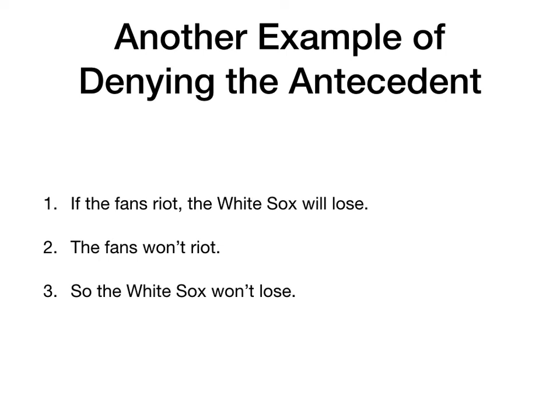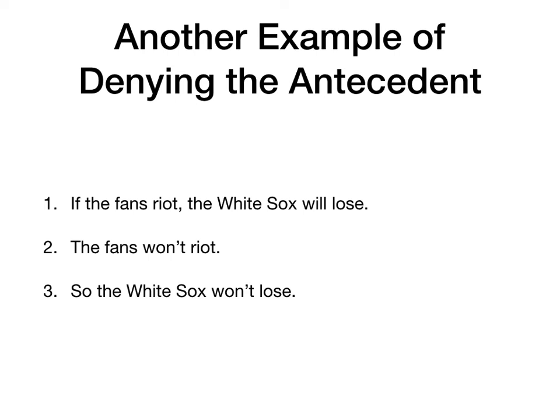Anyway, back to my point. If the fans riot, the White Sox will in fact lose. The fans won't riot. But just from the fact that the fans don't riot doesn't mean you're going to win the baseball game, right? There's plenty of ways to lose a baseball game besides your fans rioting. You might just be outscored by the other team.